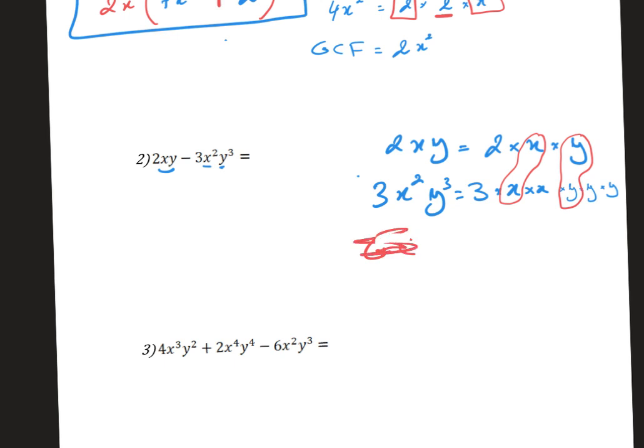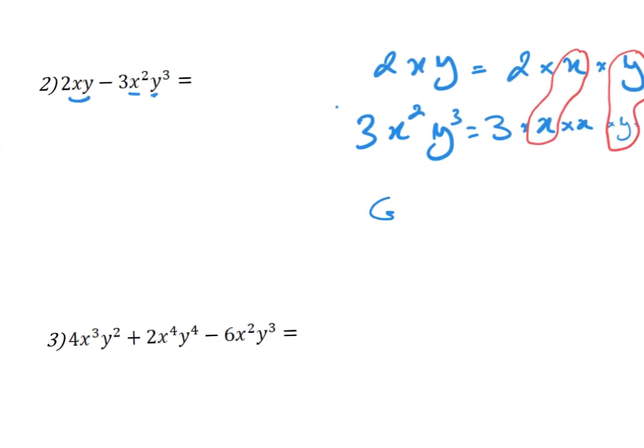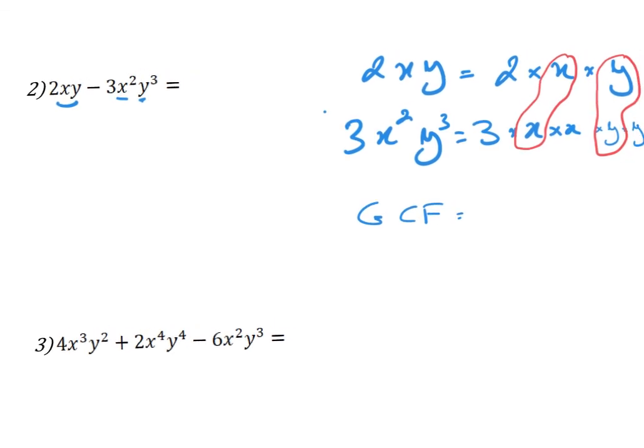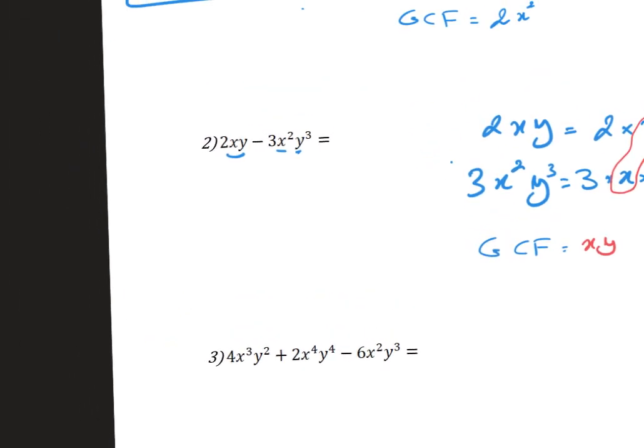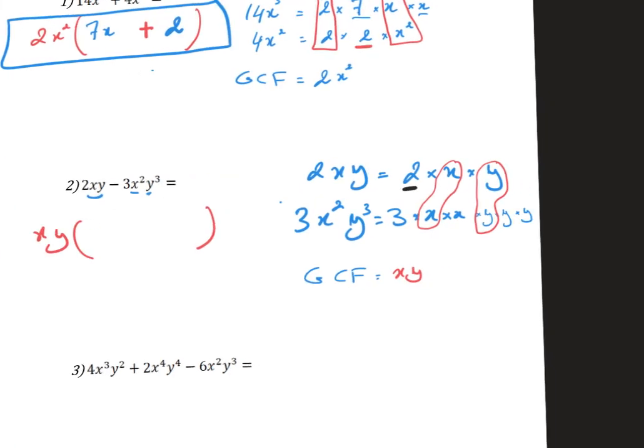The GCF will be xy, and we can factor by xy here. If we factor by xy, we have 2 left here, and we have minus.